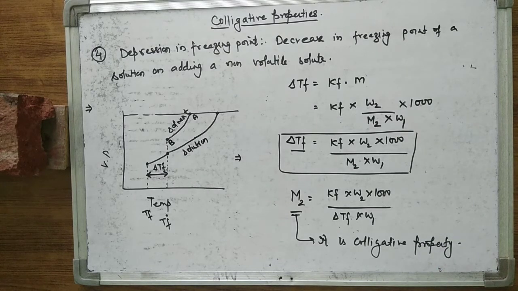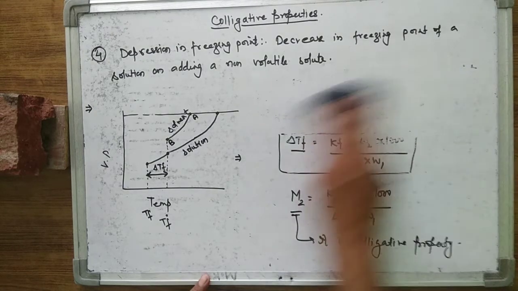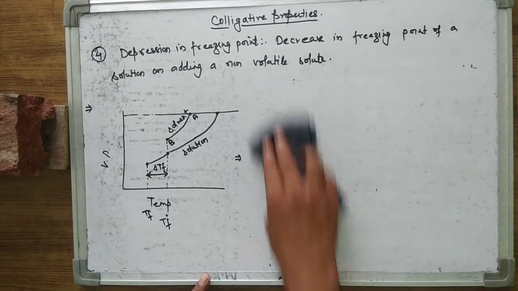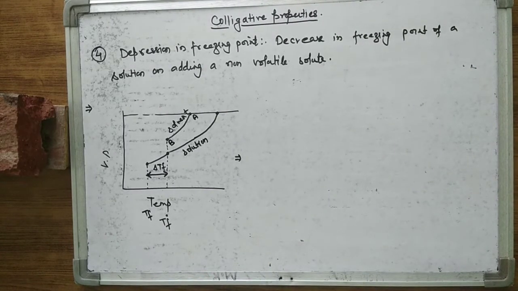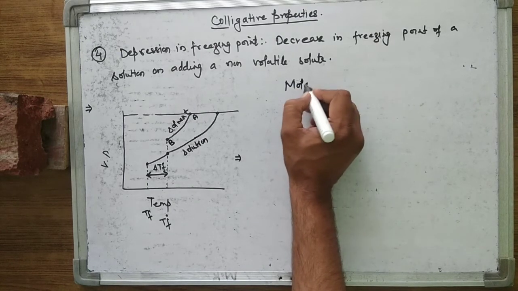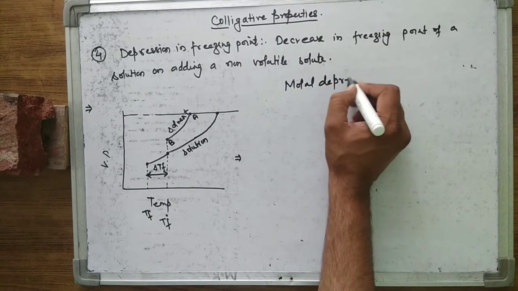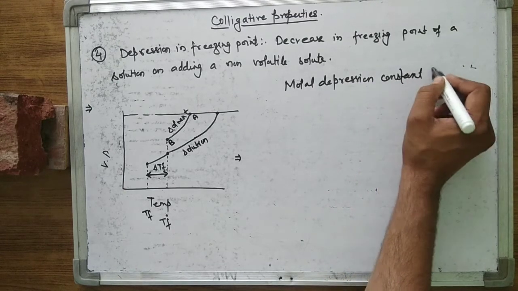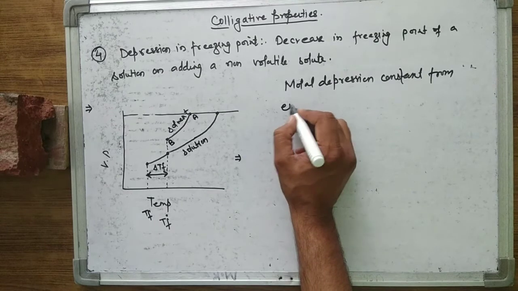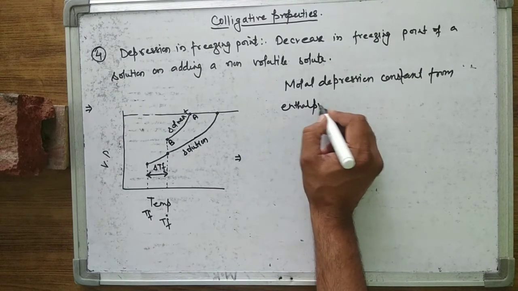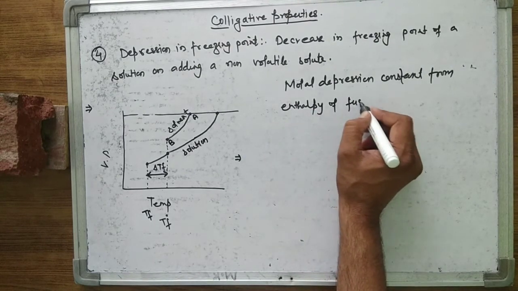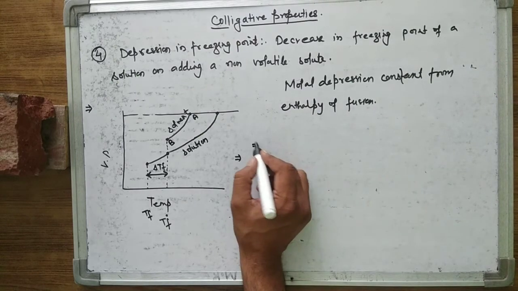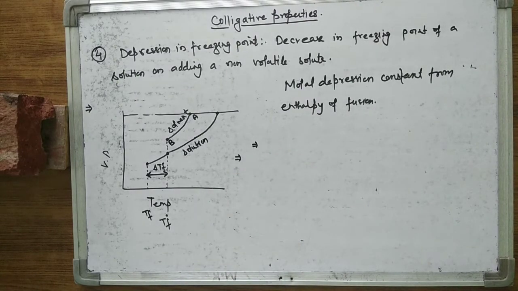From here we can also do the calculation of molar depression constant from enthalpy of fusion. Now see how we can calculate the molar depression constant from enthalpy of fusion. This derivation is not in your syllabus, but it is used for calculation and numerical problems in competitions.